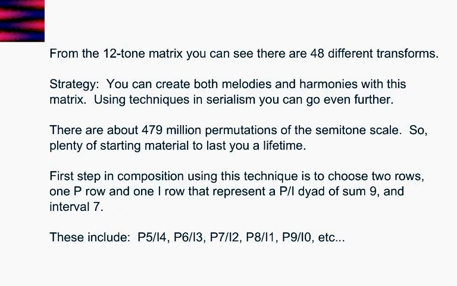There's actually quite a few of the pi dyad sum 9s in that matrix. You could use, here, let me change my color here. You could use P5 I4, P6 I3, P7 I2, P8 I1, P9 I0, etc. We're going to concentrate actually on P8 I1 for our pi dyad sum 9.